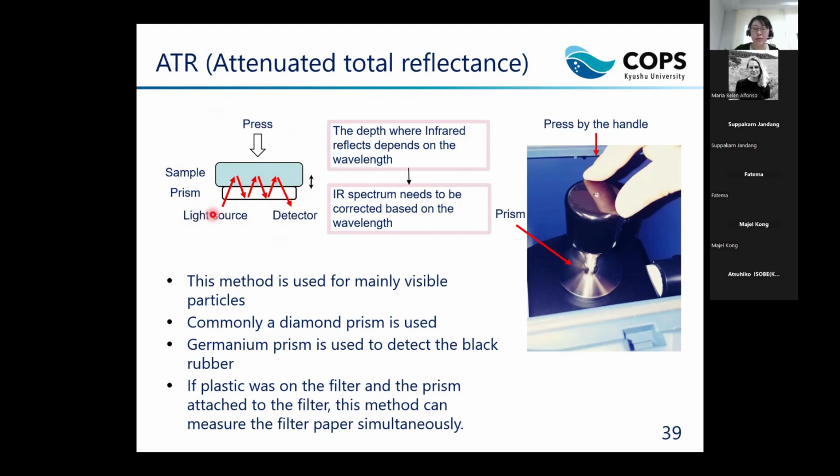In this method, the light source radiates from the bottom side or perhaps upside, and the reflection happens between the diamond prism and the sample, and during the reflection, the infrared can excite the molecular vibration here and reduce the energy. Mainly this method can be used for visible particles.